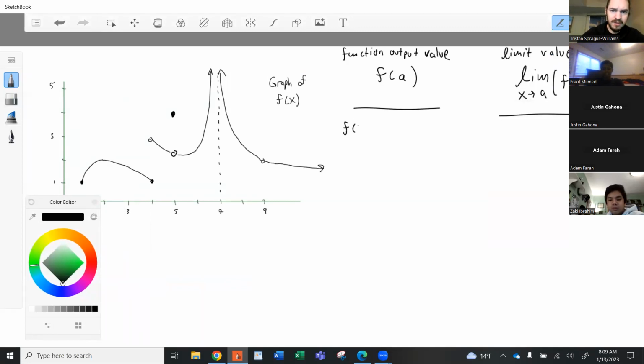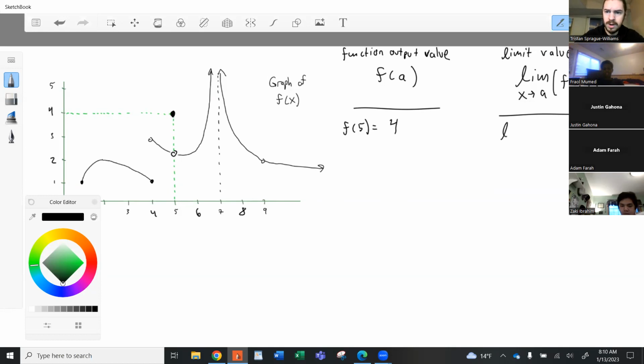What's f of 5? Well, if we go to x equals 5 and we look at the function, the actual height of the dot on the graph is about here at 4, right? Let me fill in a couple more of these. So we'd say f of 5 equals 4, because that's the height of this point on the graph.